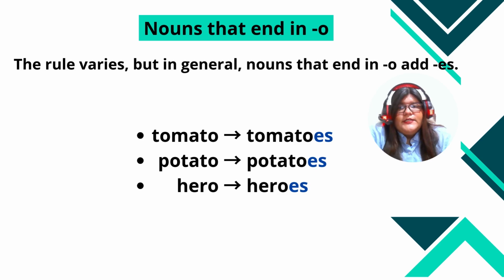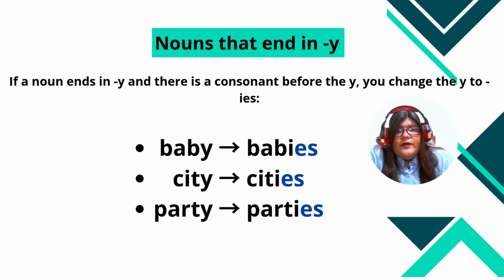Then we have nouns that end in o. The rule varies, but in general, nouns that end in o add es. For example, tomato, tomatoes, right? Potato, potatoes. Hero, heroes. And now we have the nouns that end in y.